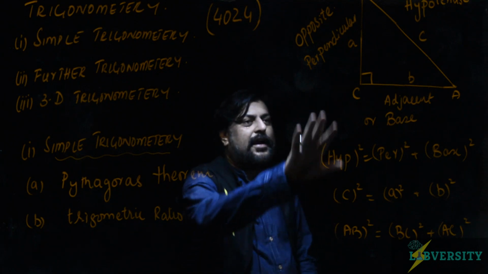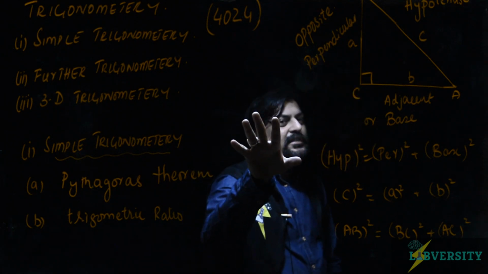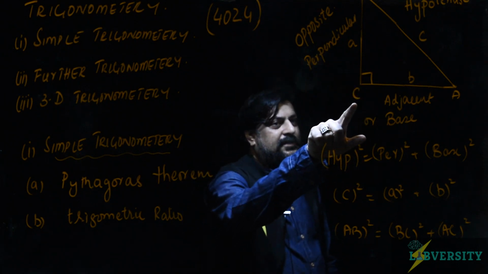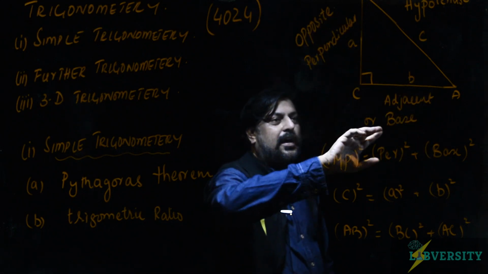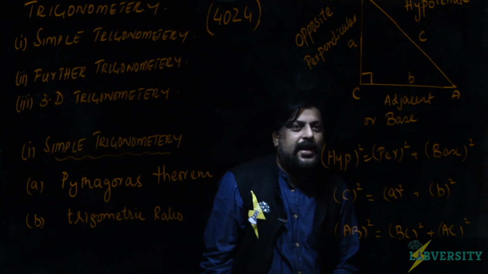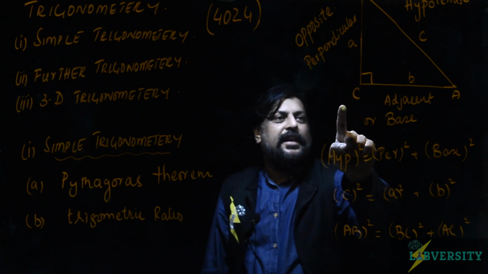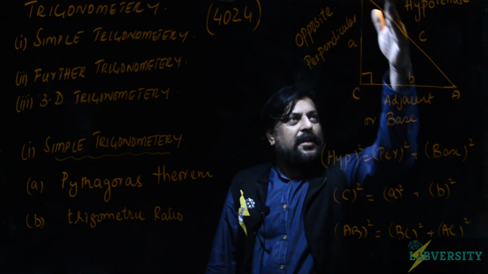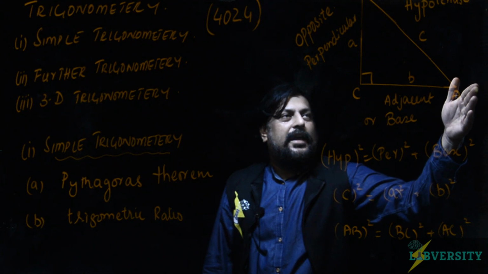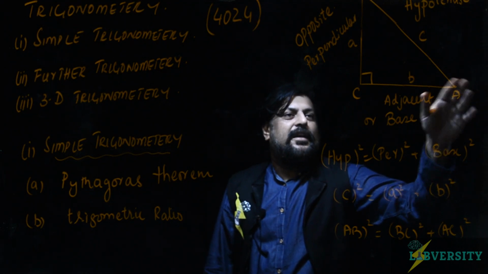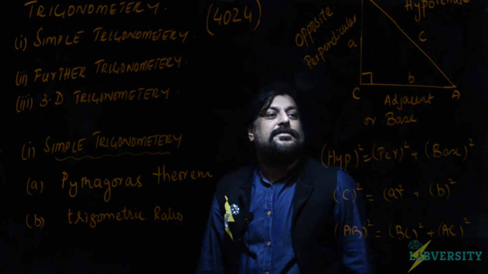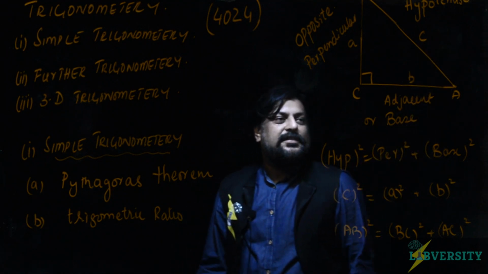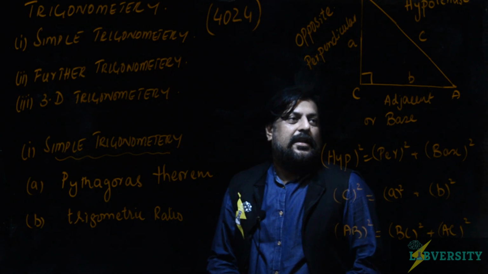Here we see a right angle triangle, right angled at C, triangle ABC, 90 degrees at C. The side opposite to the angle which is 90 degrees is always called the hypotenuse, and it is always the largest side of the triangle.